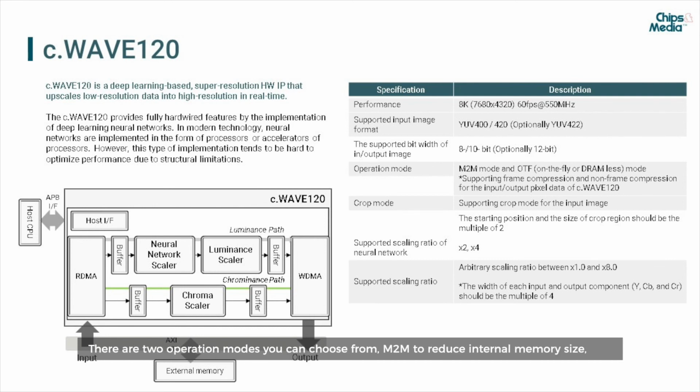There are two operation modes you can choose from: M2M to reduce the internal memory size, and on the fly to reduce bandwidth. It is supporting frame compression and non-frame compression format for the input and output pixel data of C-Wave 120, with arbitrary scaling ratio between 1 and 8.